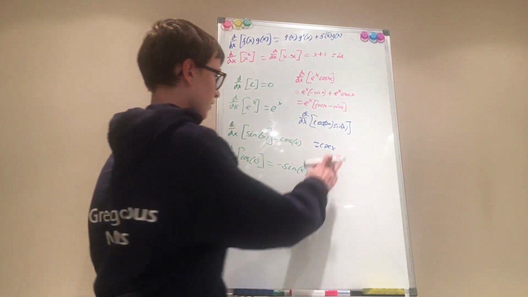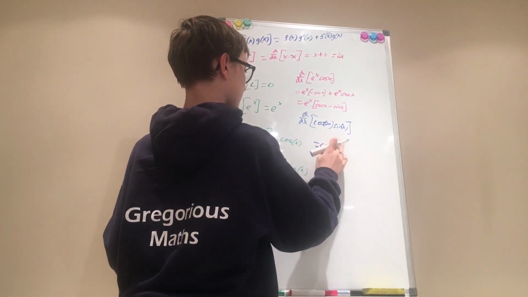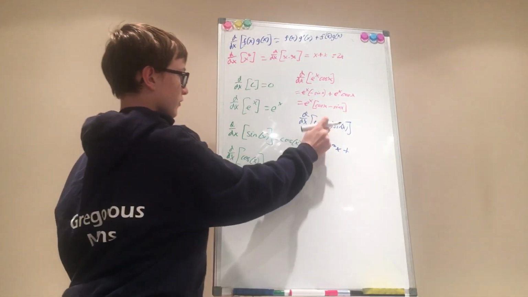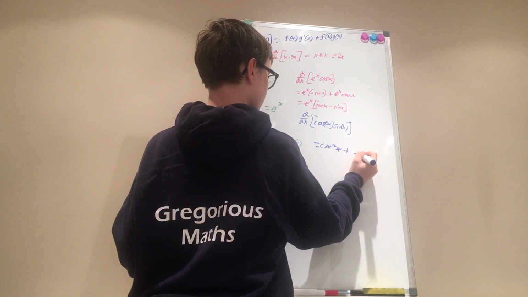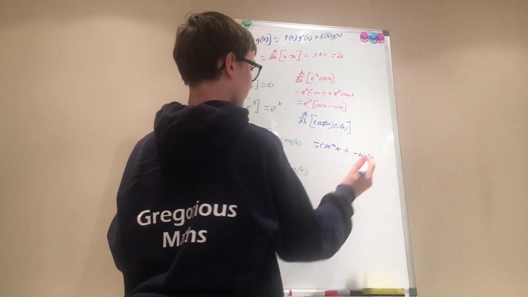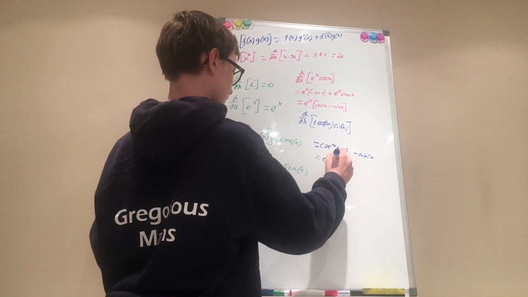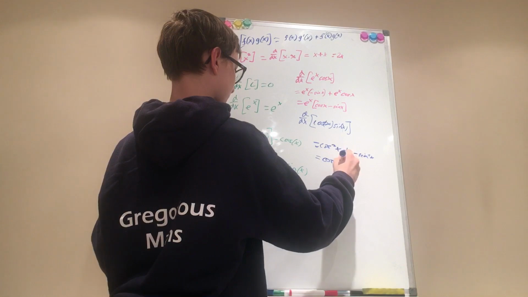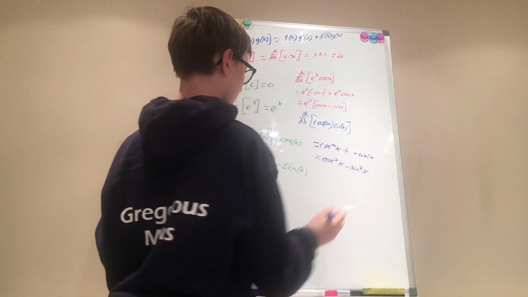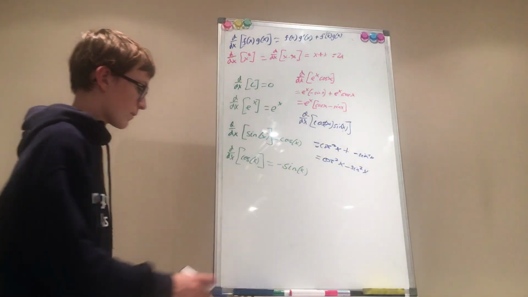Cosine. So cosine times cosine becomes cosine squared of x. Now, add f prime of x. Well, that's the derivative of cosine, which is negative sine of x, times sine of x. So we get negative sine squared x. In the end, we're left with cosine squared of x minus sine squared of x.